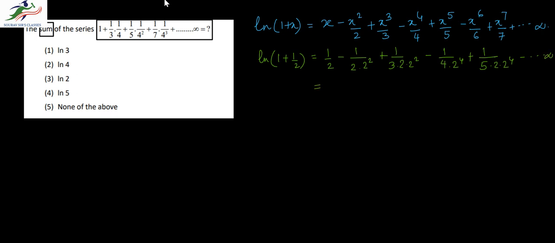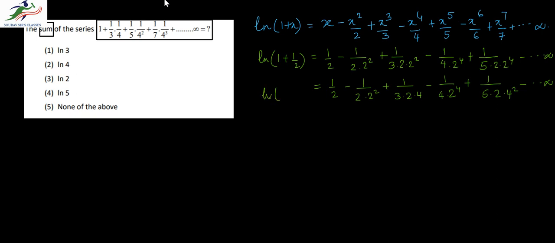So this is equal to half minus 1 by 2 into 2 square plus 1 by 3 into 2 into 4 minus 1 by 4 into 2 to the power 4 plus 1 by 5 into 2 into 4 square minus, up to infinity.